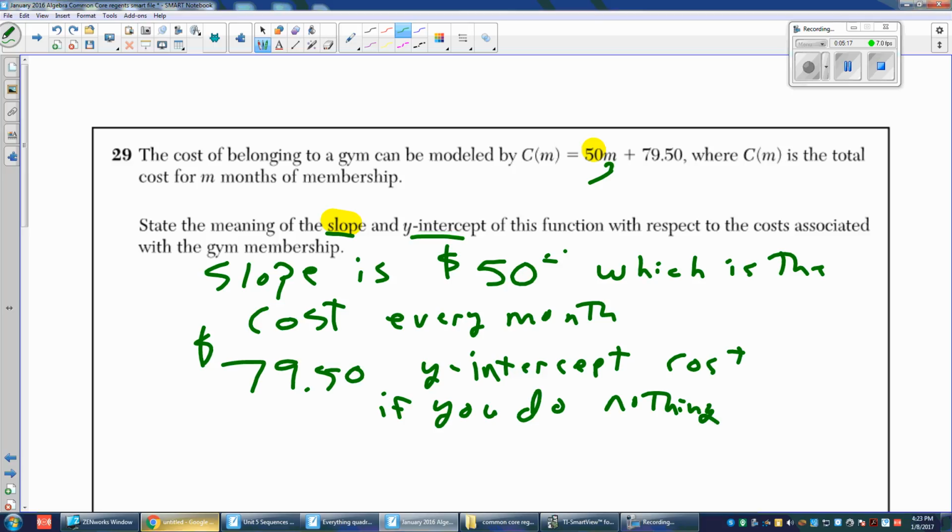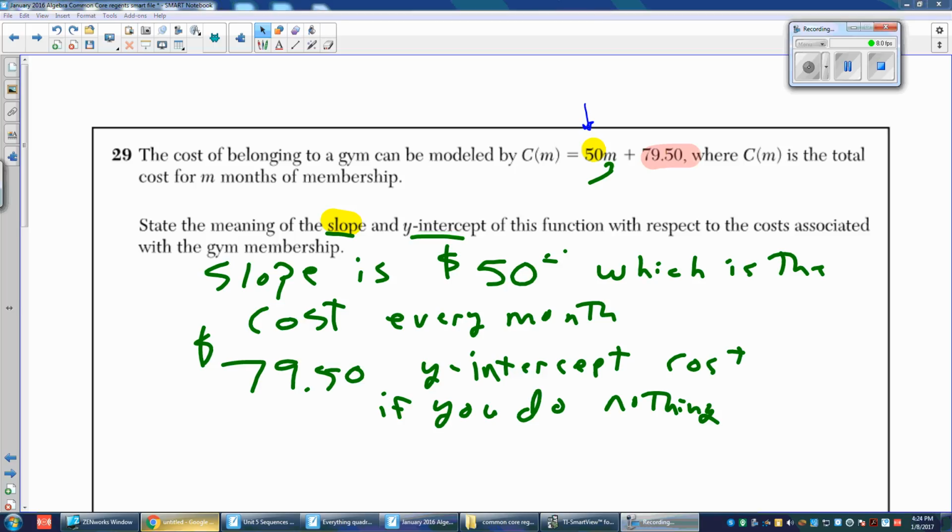So remember, the y-intercept is the number that it costs if you do absolutely nothing. That's when m is 0. Before you even walk into the gym to use the weights, to use the exercise equipment, to do the classes, you have to pay $79.50. That's the y-intercept. That is the constant. And then we have the slope, which is the rate of change, is the 50.